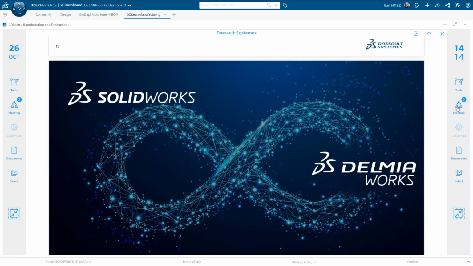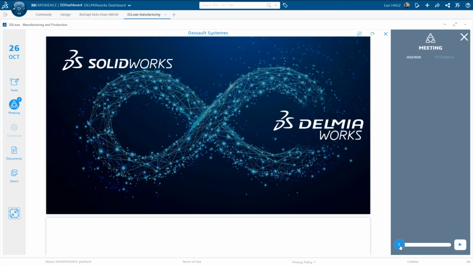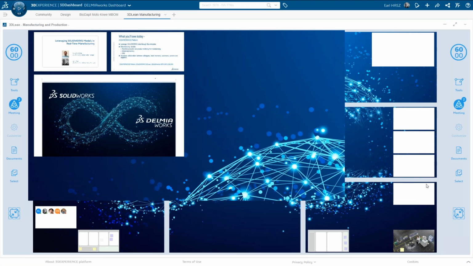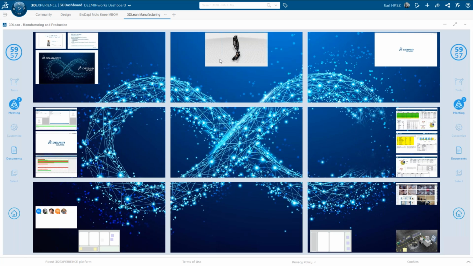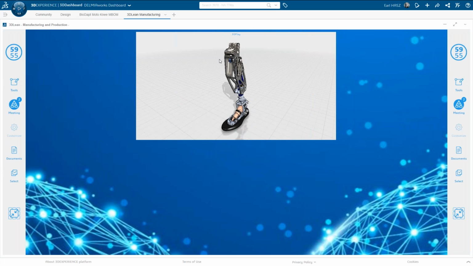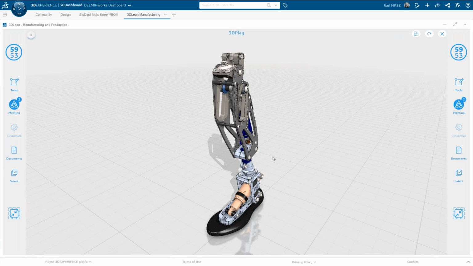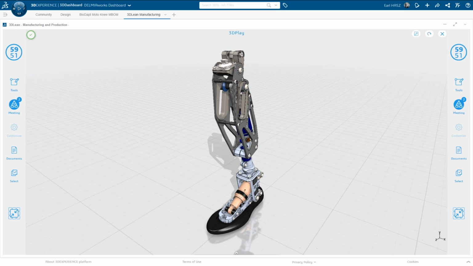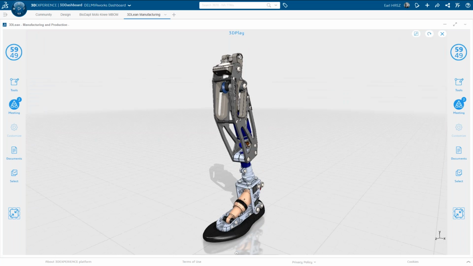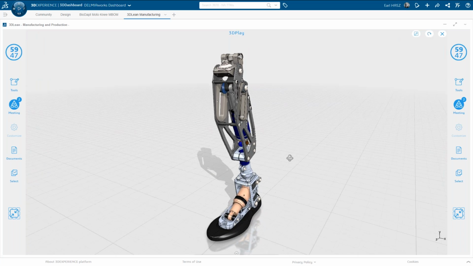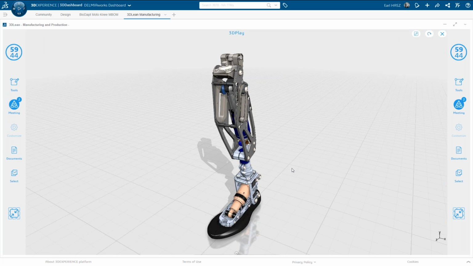All right, so let's have a look at just what Dick is talking about with respect to all of this content. We're going to follow the design journey, as it were, from design to manufacture of this artificial leg from Biodapt.